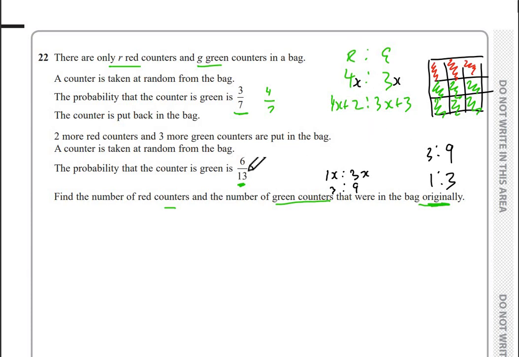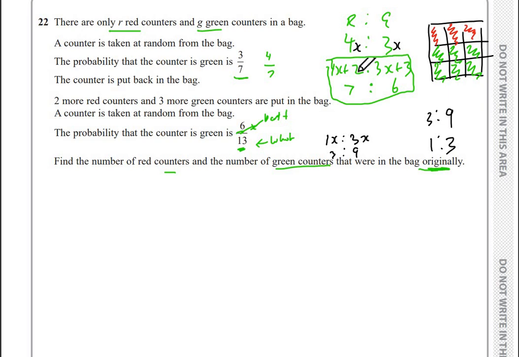This is a part over the whole, which means we have green, which is 6 parts, and then 13 minus 6 to get the other part, the number of red parts, which is 7. So now we can just pay attention to this lovely little ratio here. We can place the 4x plus 2 over the 3x plus 3, and do likewise with this part of the ratio.